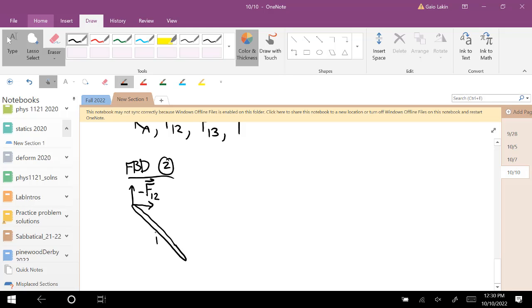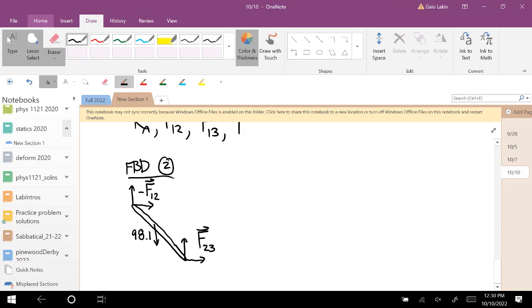Then there's a weight force at the midpoint. It's 10 kilograms, so 98.1 newtons. And then down at the bottom, it's a force on member 2 by member 3, so F23.